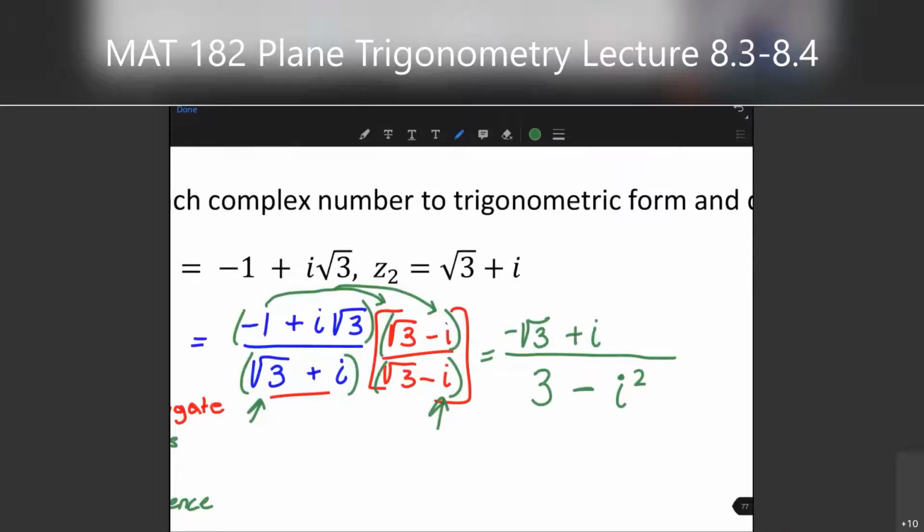If I did my next product, what would be the next product that I would have to do? The inner terms here, I would have positive i times 3 times square root of 3... that's just going to be 3i. Excellent.